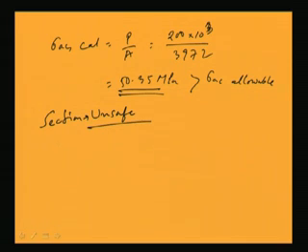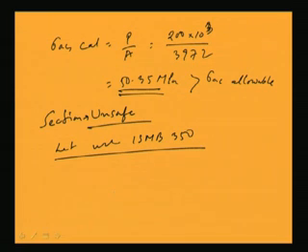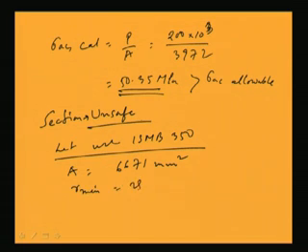So now let us use ISMB 350. If we use ISMB 350, then area is becoming 6671 millimeter square, and R minimum can be found as 28.4 millimeter.